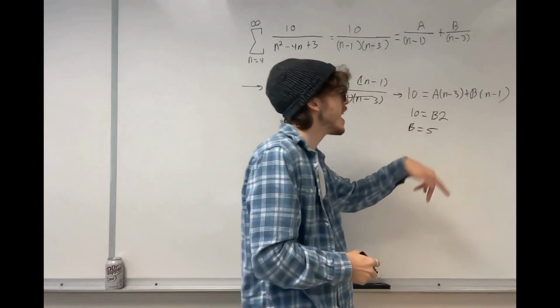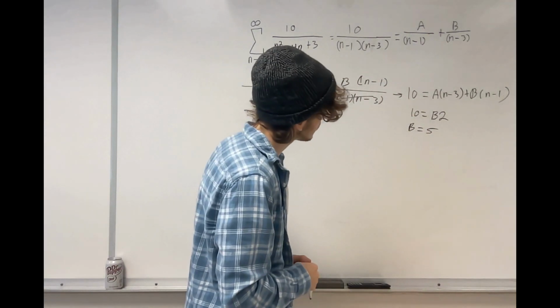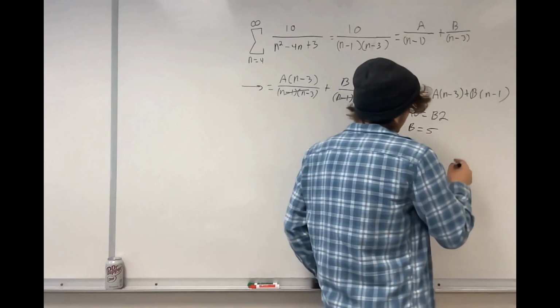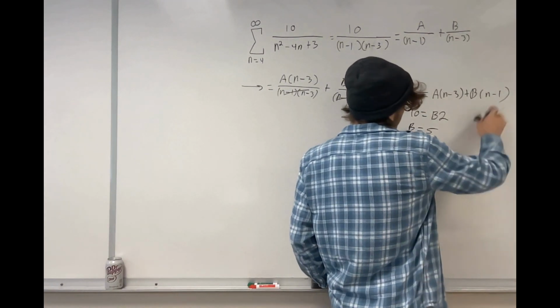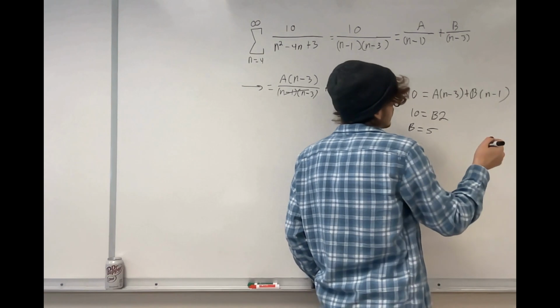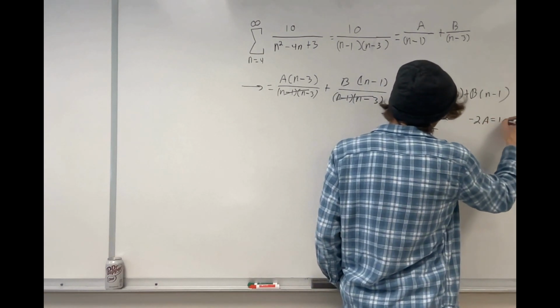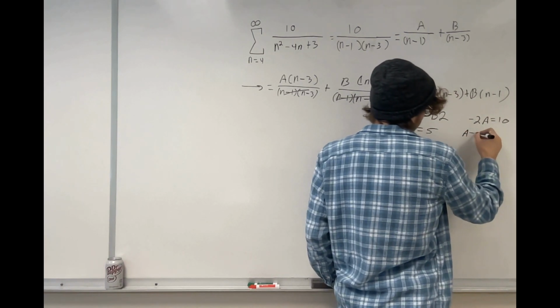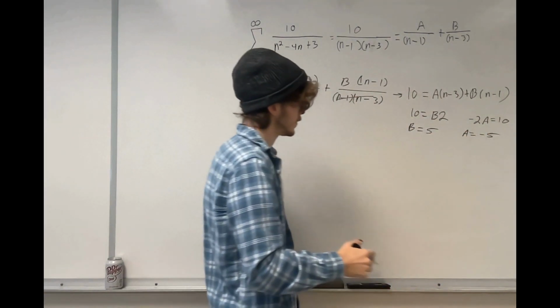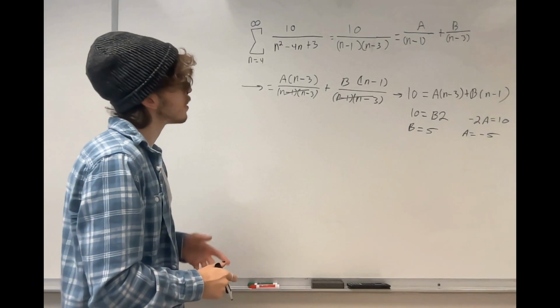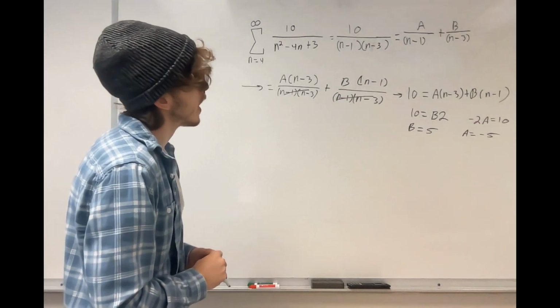We do the same with a by plugging in 1. So we plug in 1, b goes to 0, 1 minus 3 is negative 2, negative 2a equals 10. That means that a is equal to negative 5. So we now know what a and b are equal to.